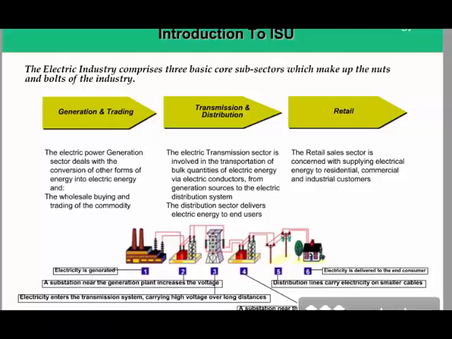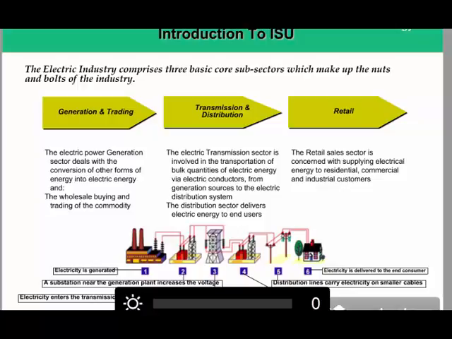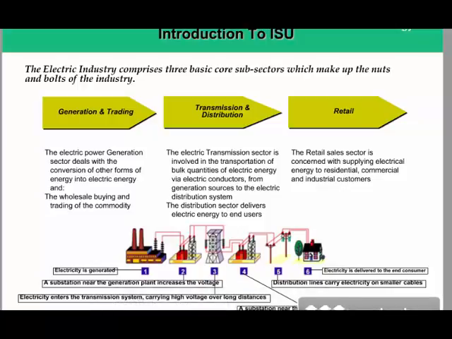Once the electricity is generated, it goes through point number 2, which is basically a step-up substation. Here the voltage level of that electricity is increased, and then it's transmitted through number 3. Number 4 is a step-down substation, where the high voltage is put down to low voltage, and then number 5 is the transmission line, and then 6 is the household where electricity is supplied.